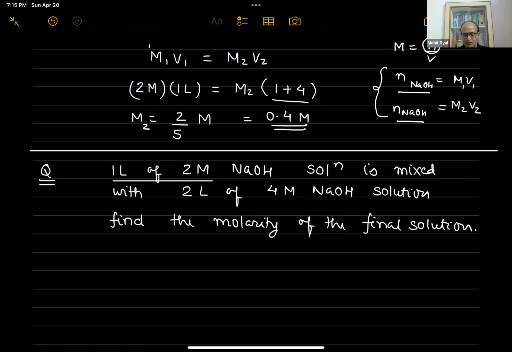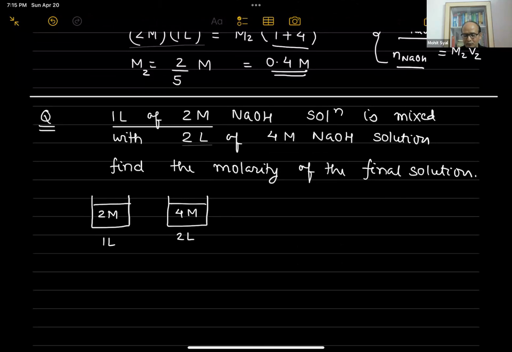This is one of the solutions, which is 1 liter and 2 molar. It adds some NaOH surely because it is 2 molar and 1 liter of it. The other solution is 2 liters and its molarity is 4.